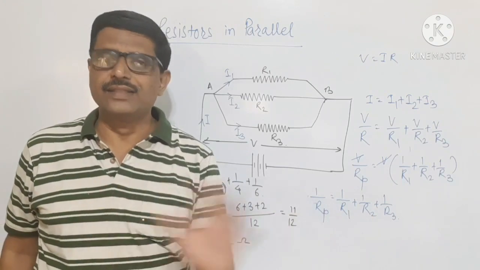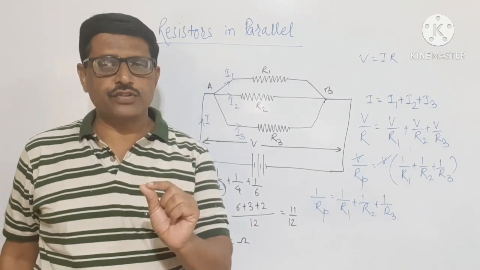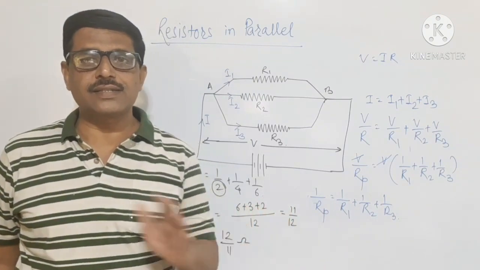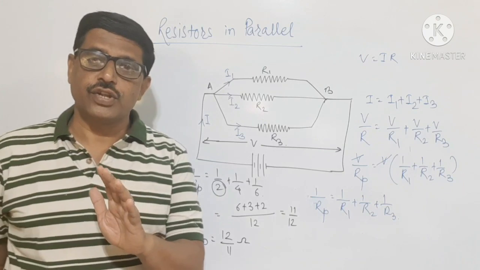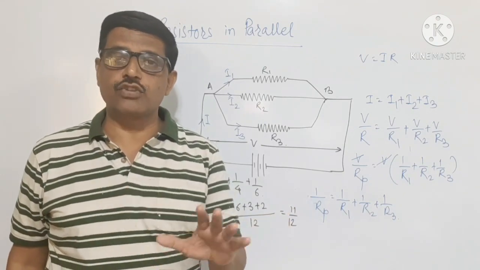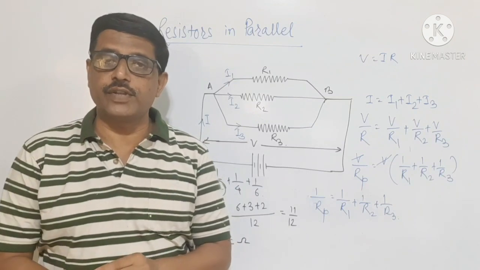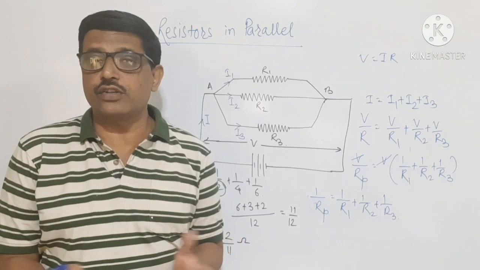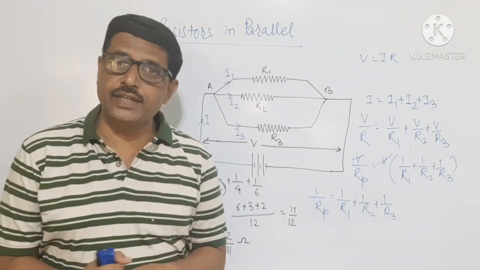Like this, in this video lecture, we have seen what the equivalent resistance is when resistors are connected in series and in parallel, and how they are useful in the electrical circuit.